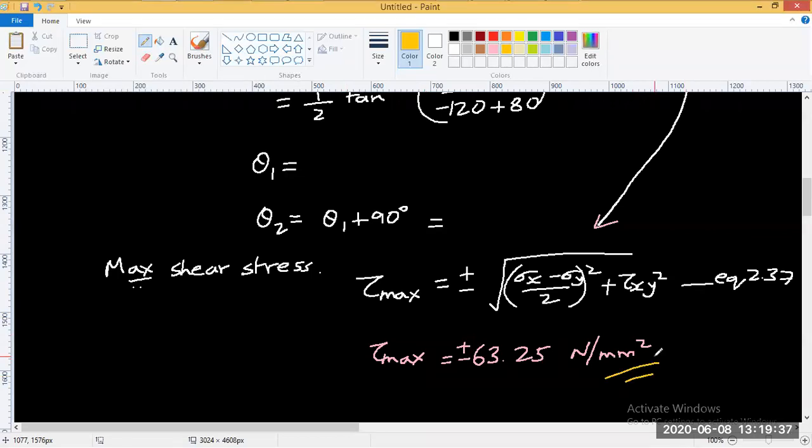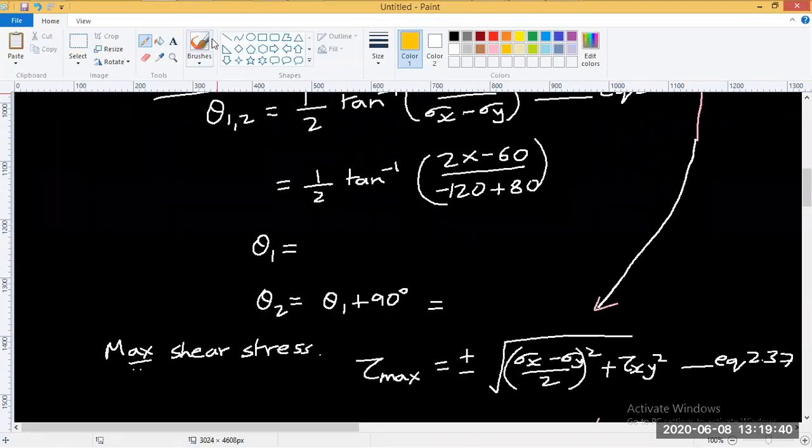What is the maximum shear stress? Let's find this out. If you have calculated, you can post it in the group chat. So theta is 2 into 60 over 40. So tan inverse of that, put it in radians. 2 into minus 60 over, how much?